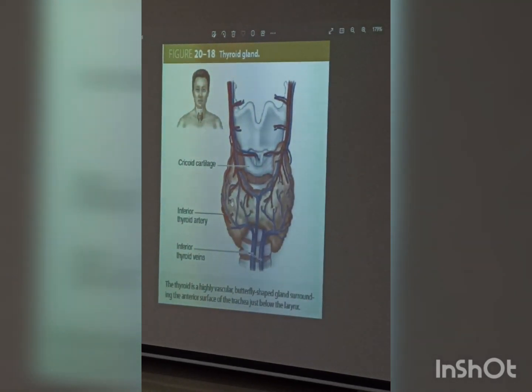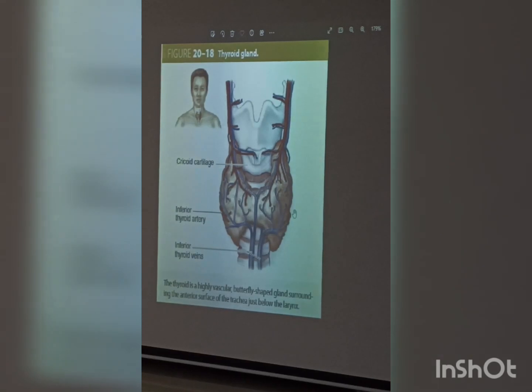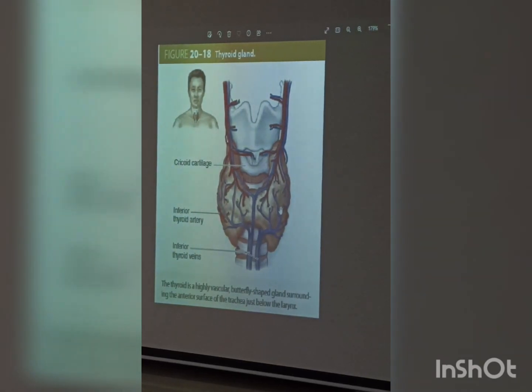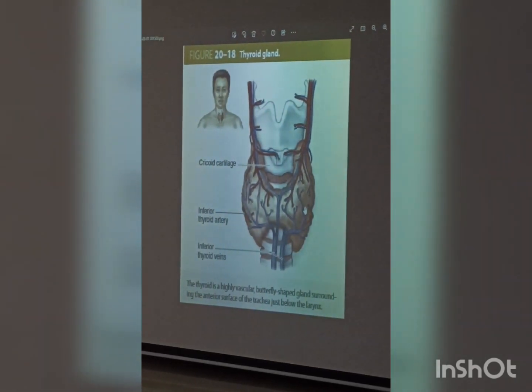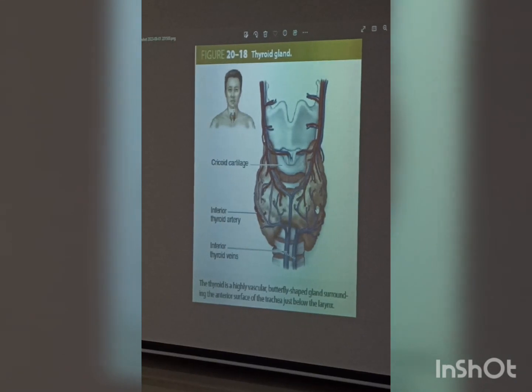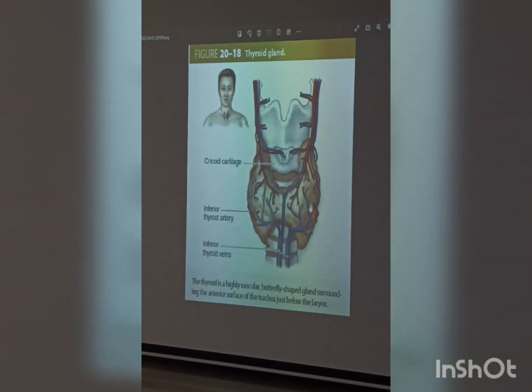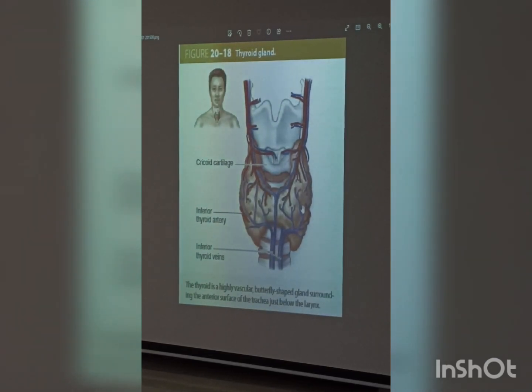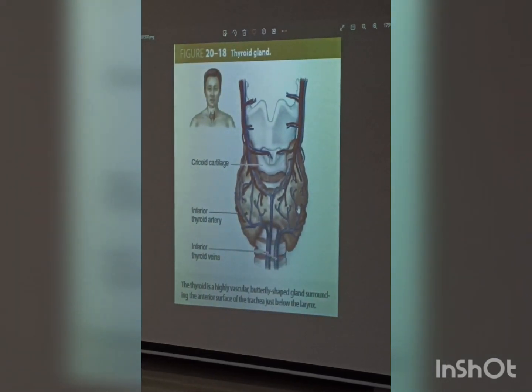We will see them one by one. But you must know that it is responsible for your growth and development, even your nervous development. So sometimes if it is not available or not functioning properly during the embryonic period, it may lead to congenital hypothyroidism, right?